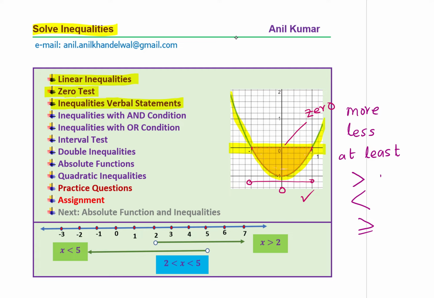So this means greater than, right? This means less than. And this means greater than or equal to, both. So for example, we will say 7 is greater than 5, correct? We'll say 3 is less than 7, perfect?